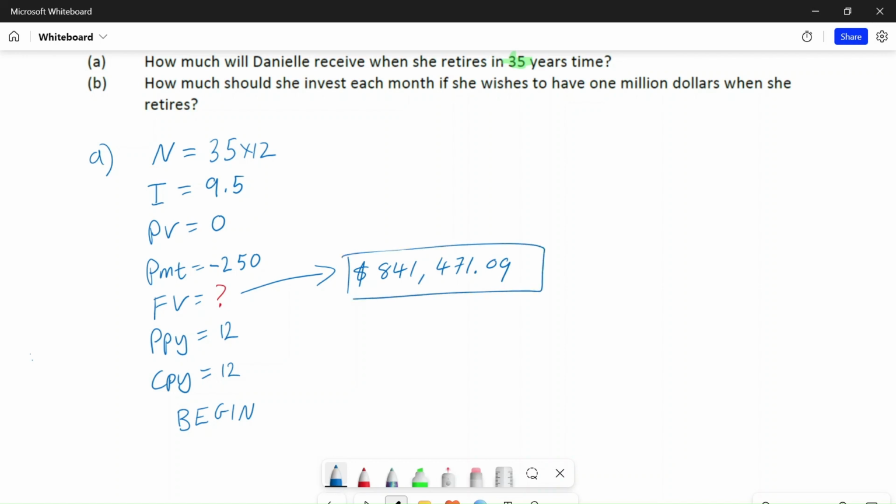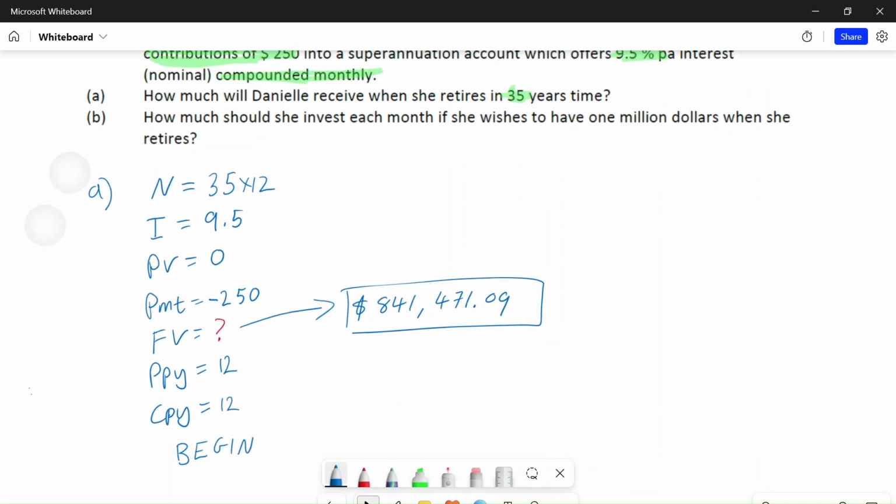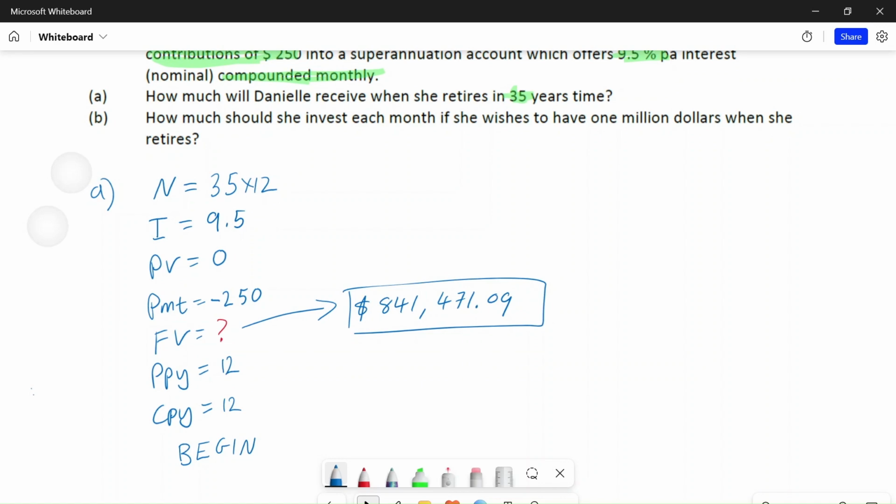Now, in Part B, we're asked how much should she invest each month if she wishes to have $1 million when she retires. So, maybe this $841,471 is not enough. We need to up it to a million. All right. So what we're doing here when we detail our inputs, I'll write them all down. Just think while I'm writing these down, what am I actually going to be trying to find here?